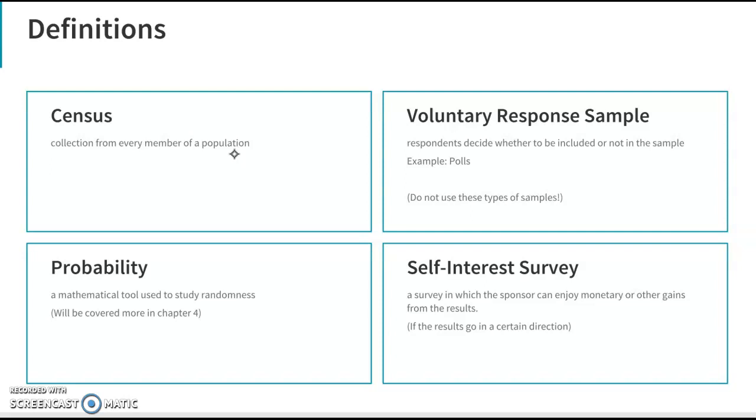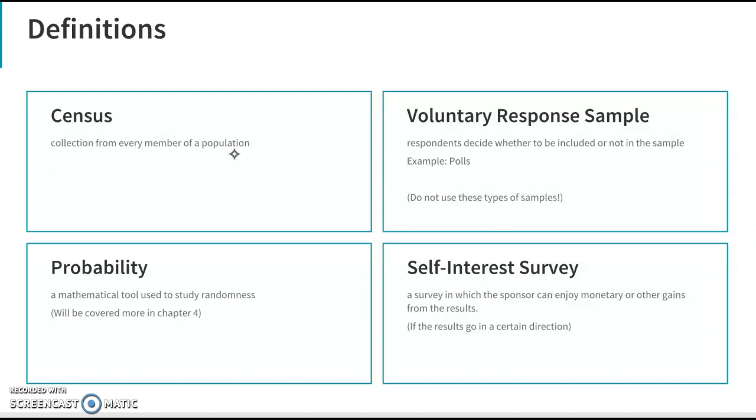And then a self-interest survey. A survey in which a sponsor can enjoy monetary or other gains from the results, if the results go in a certain direction. So if someone is conducting a survey, say it's a doctor who is looking at a drug to see if it works or not.